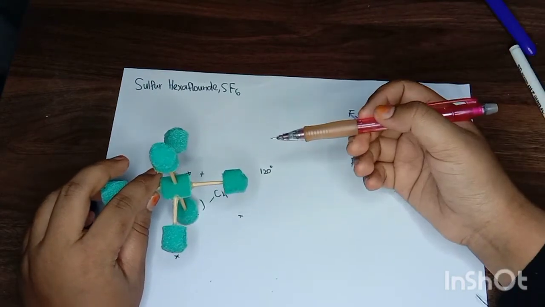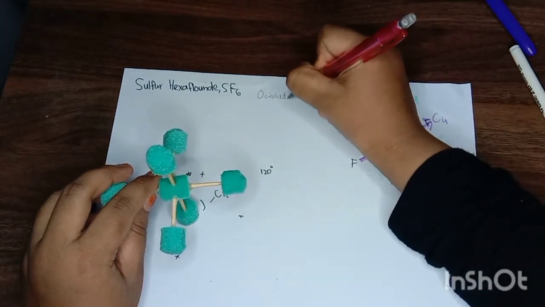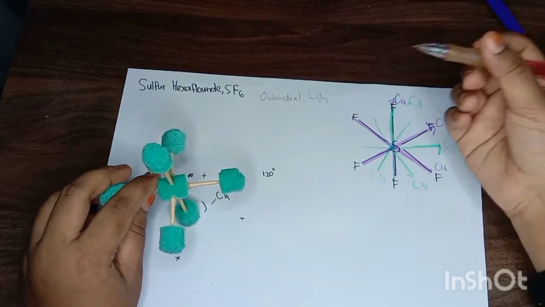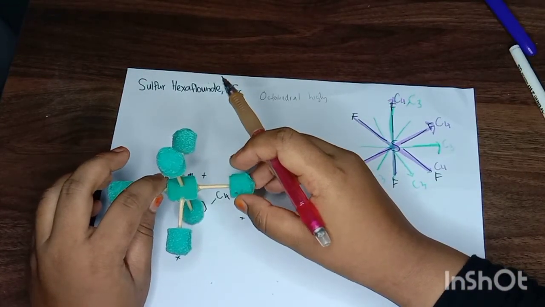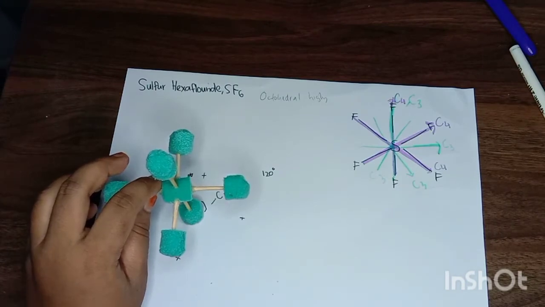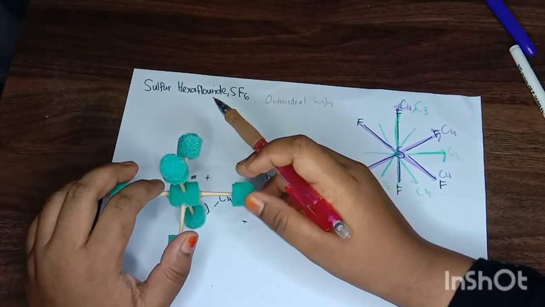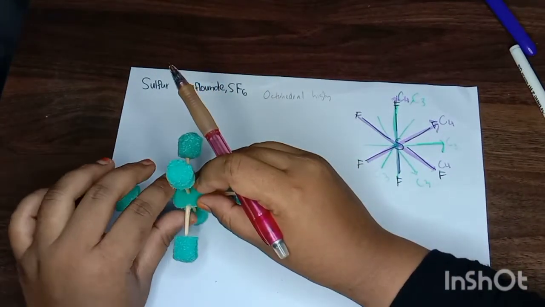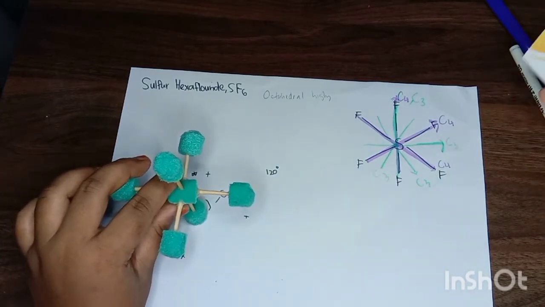Now after determining the rotational axes, we need to determine the planes of this molecule. Because this is an octahedral molecule, which means that it is highly symmetric, it doesn't have a vertical plane. So we must find the horizontal planes. We can identify 3 horizontal planes.